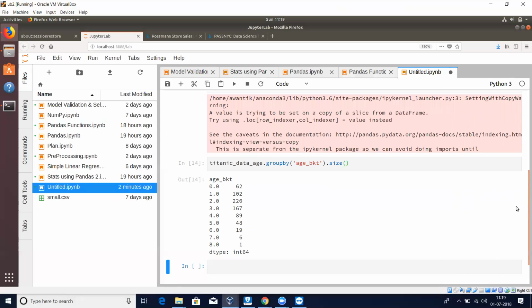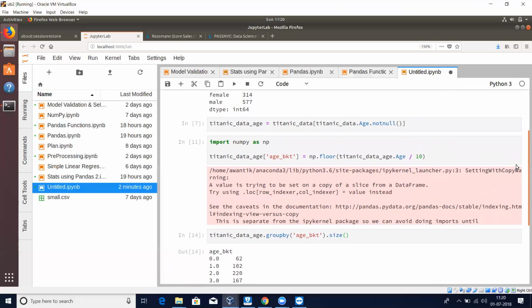So you can see here, this is the distribution, isn't it? For 0 to 10, there are 62 people. The majority of the people are in the 20 to 30 bracket. That was sailing in the ship. Why are you dividing age by 10?